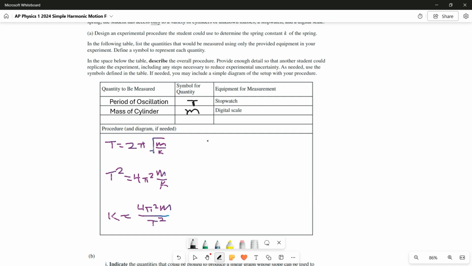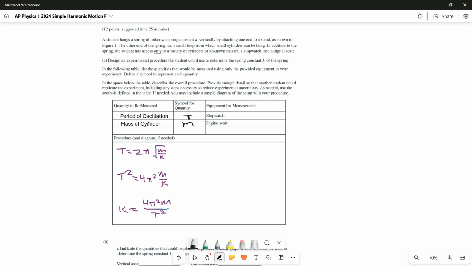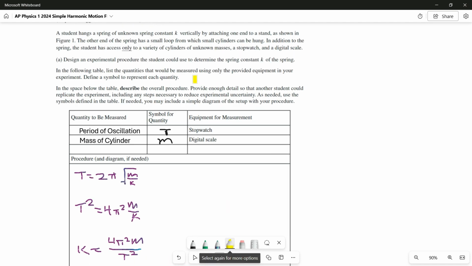And now all we really need to do is describe a procedure. Now, before we actually jump into this, we have to make sure that we don't use point form for this, because point form isn't good for the AP exam. In fact, they won't even mark it if an entire problem is written in point form. So, we should realize that the problem is asking us to provide enough detail so another student can replicate the experiment.